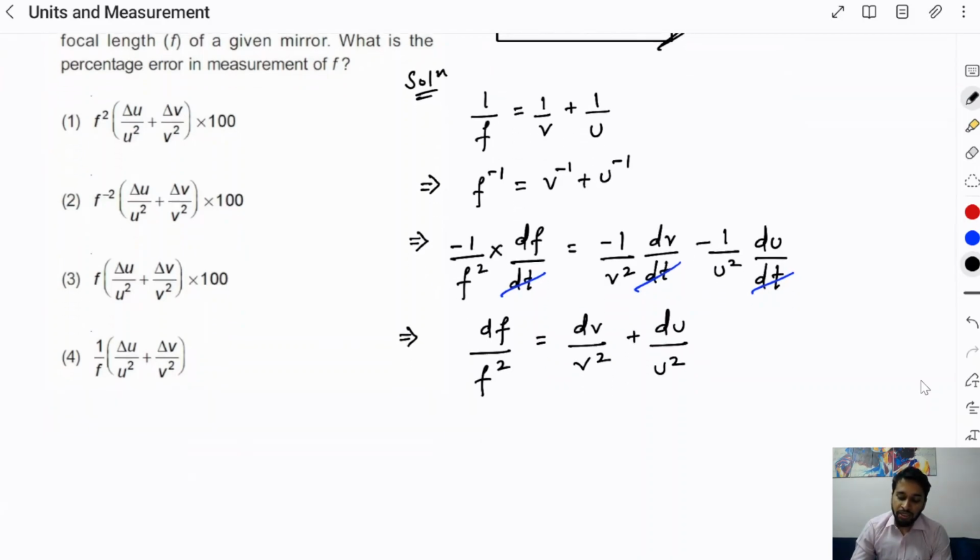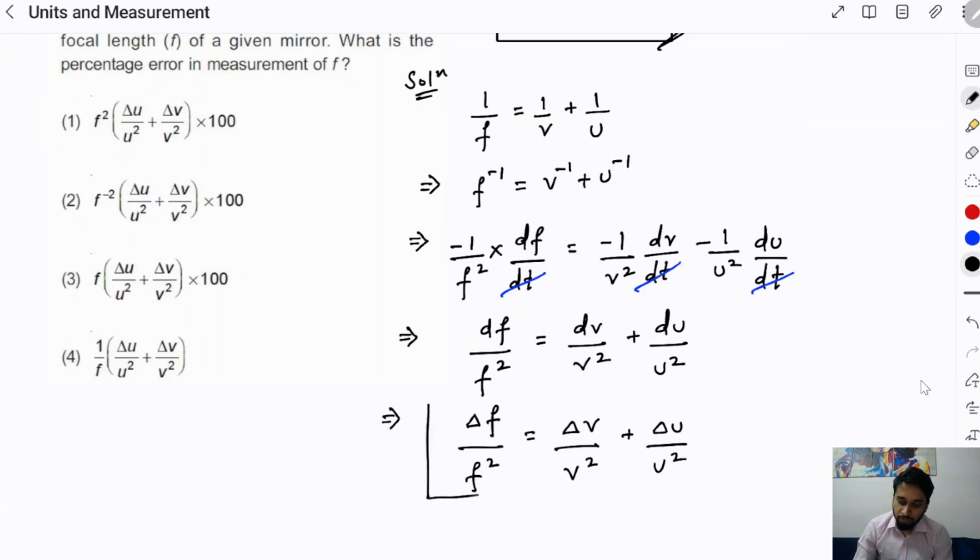So what can be done here is we can roughly or approximately write this relation as delta F by F square will be equal to delta V by V square plus delta U by U square. So this becomes the relation: delta F by F square is delta V by V square plus delta U by U square.